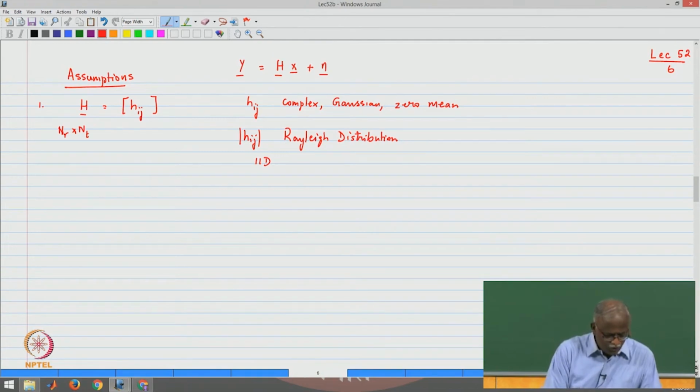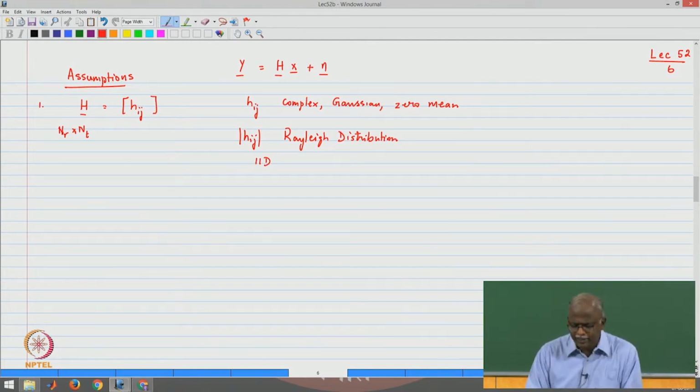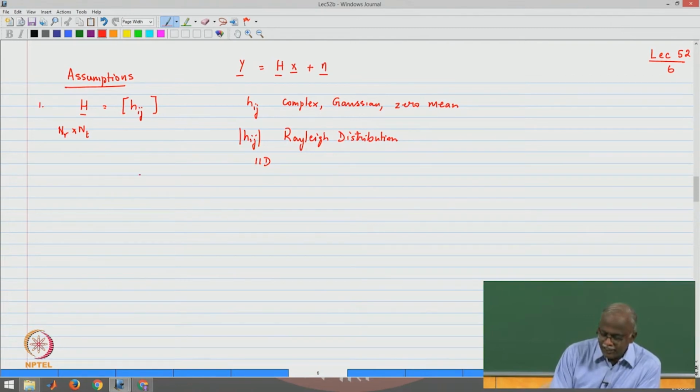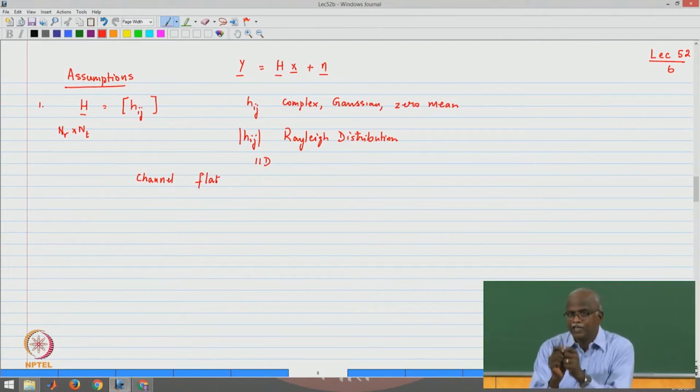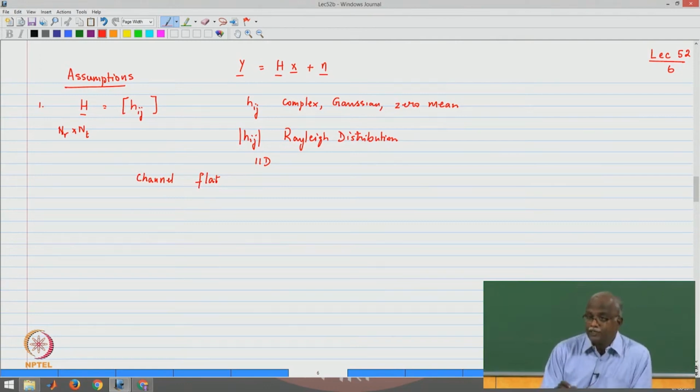Now, this also corresponds to an important characterization. Such a description of the transfer function basically says that the channel is flat. In other words, the channel gain between the transmit antenna and the receive antenna corresponds to a single coefficient. It is not a transfer function. So, it is a flat fading channel.